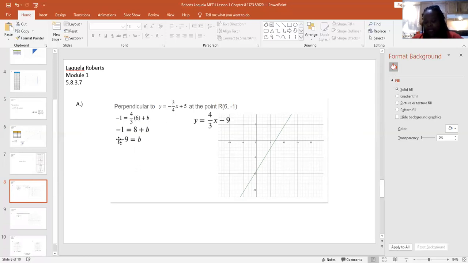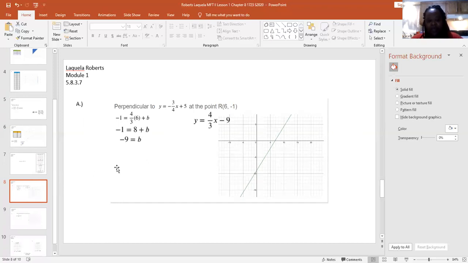All right, so we will solve this, and you will get y equals negative 3/4 x plus 5.